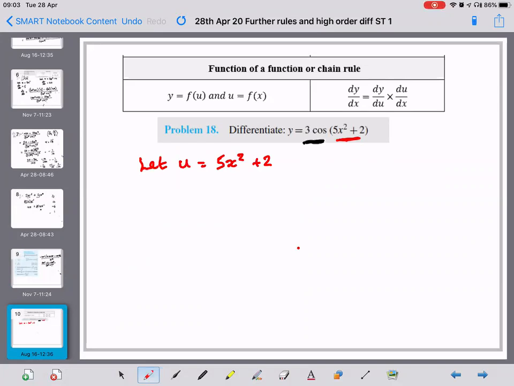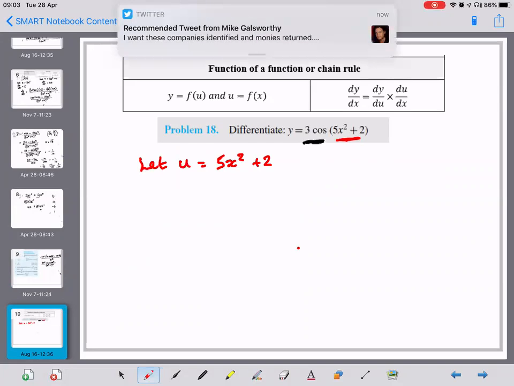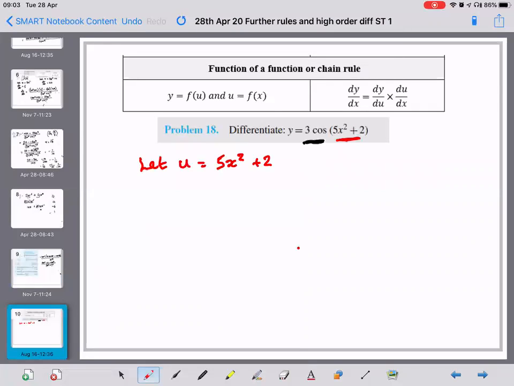That means we can write y is equal to 3 cos u. And then we're going to differentiate 5x squared plus 2.